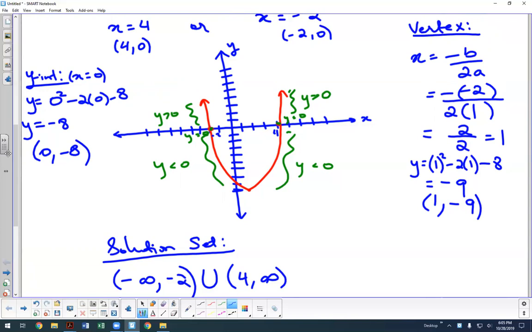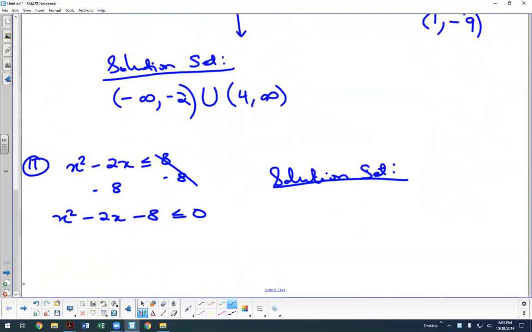And of course, you can see this is a good example because 0 is right in the middle of that interval. When I use 0, my y came out to be a negative number. So any number between -2 and 4 will give us a negative answer. And right at -2 and 4, we're going to get our 0. And since this is less than or equal to 0, you are including your endpoints in this case. So between -2 and 4, including the endpoints.